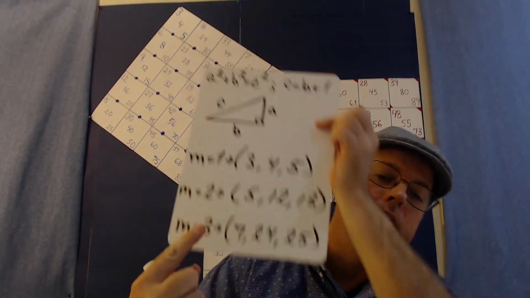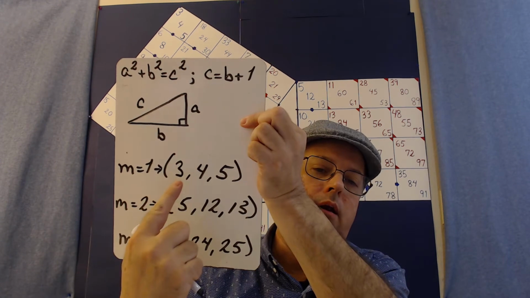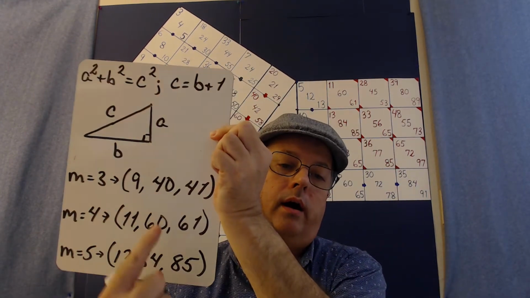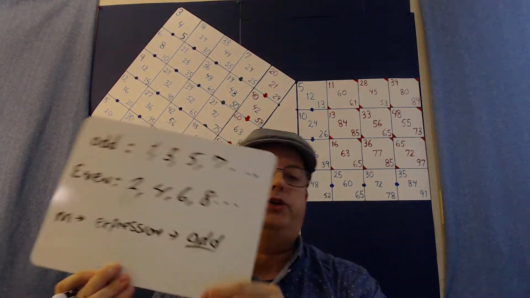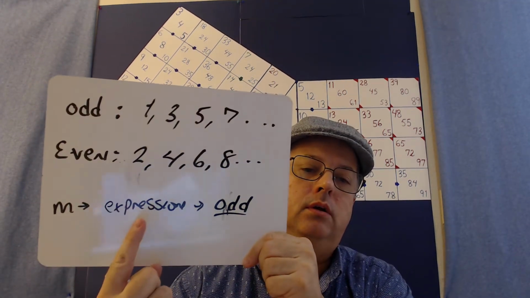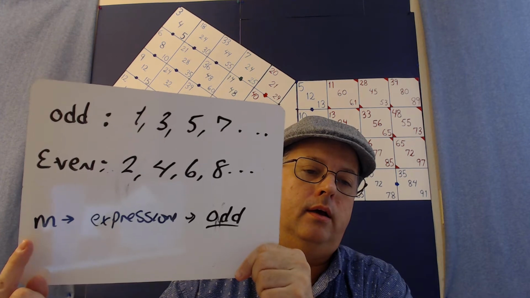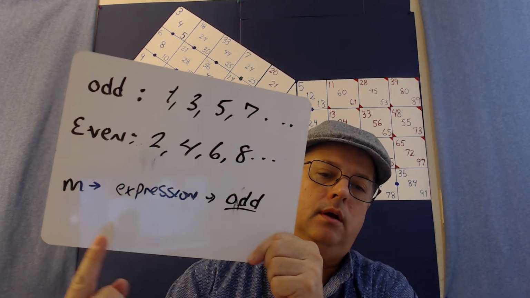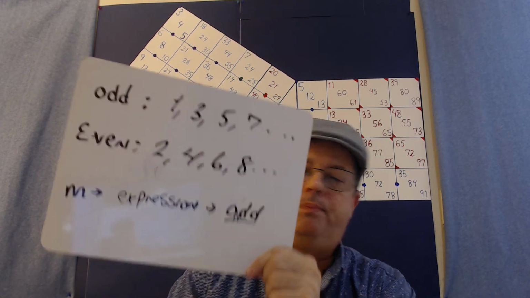And so we want the first number in our Pythagorean triples to be odd numbers: 3 and 5 and 7 and 9 and 11 and 13 and so on. And so we want to fashion an expression using m values, and these m values can be odd or even, and we want them to always come out odd.